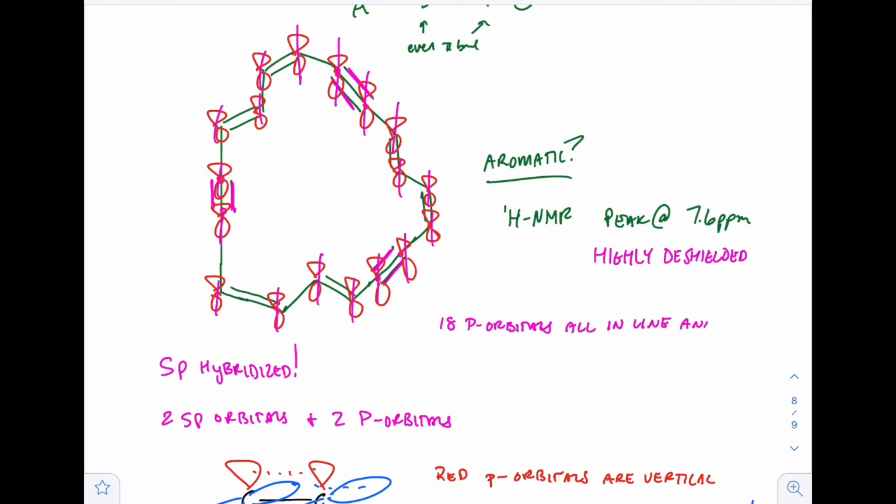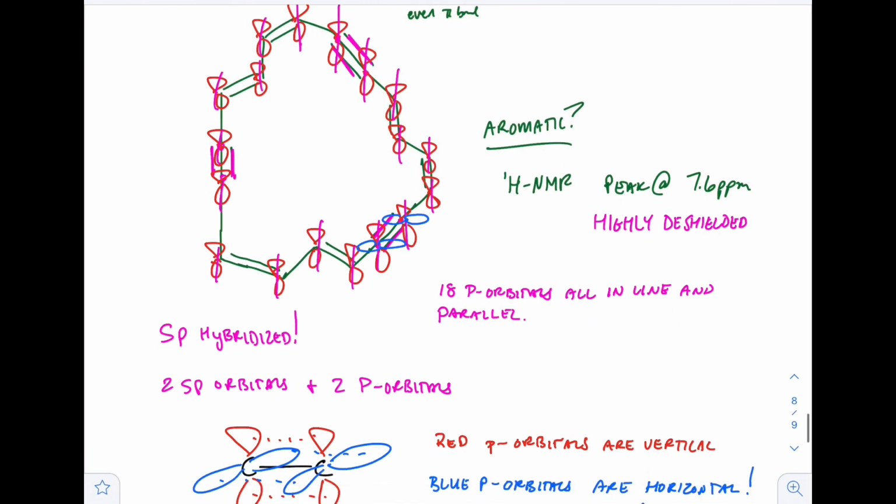Since they're all in line and they're parallel with one another, or adjacent to one another, then we're in line for establishing aromaticity, right? The blue ones, since they are horizontal, are perpendicular to the red ones, so the blues can't form pi bonds with the red ones.